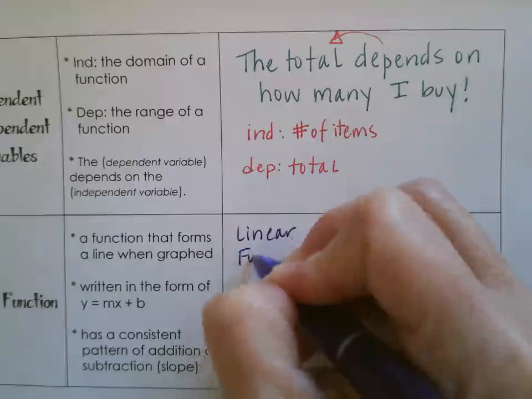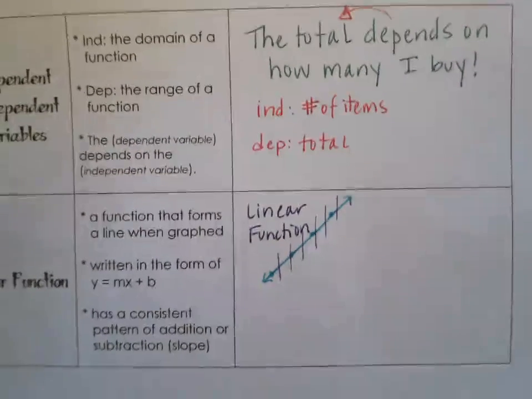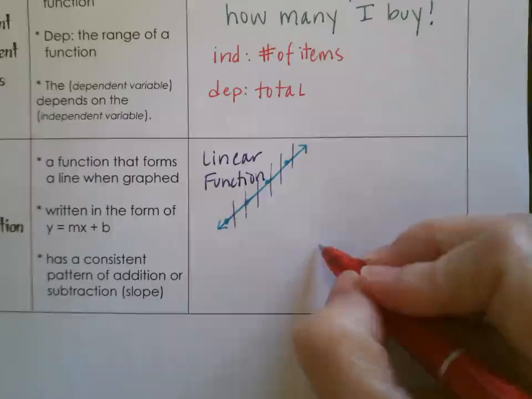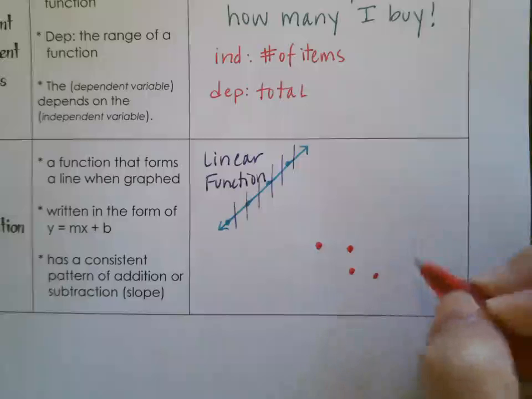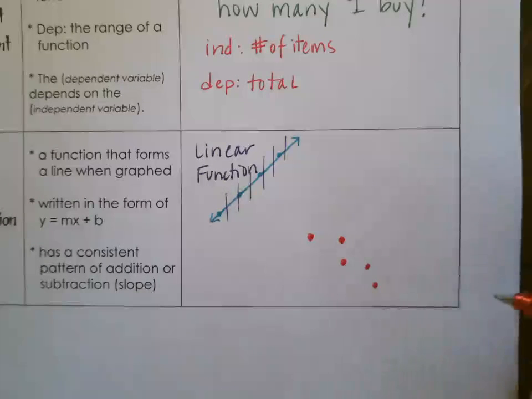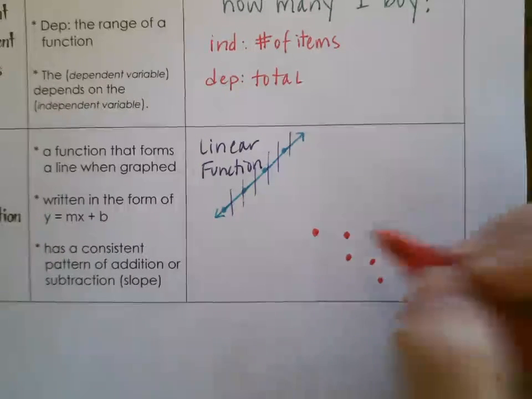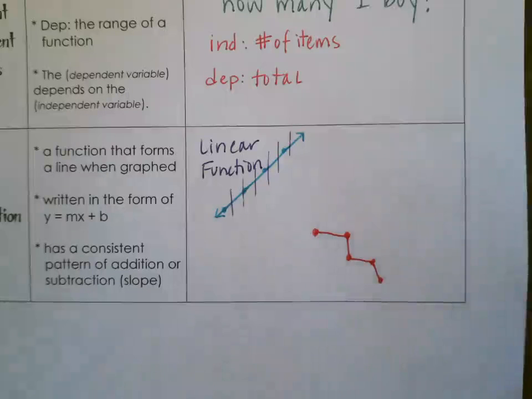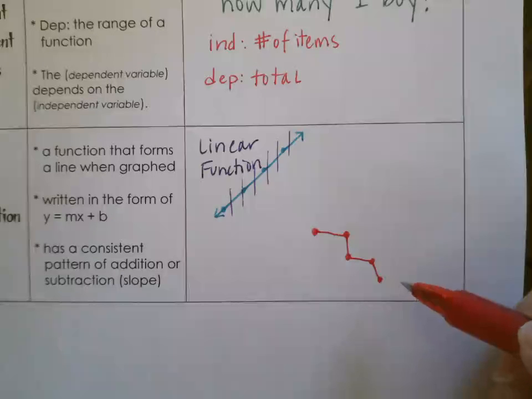All right, now to show you one that isn't, let's say that I draw this. Well, first off, I don't have a pattern going on here, but let's just say I connect the points anyways. So if I go like that, I know this is not a linear function because I didn't make a line.